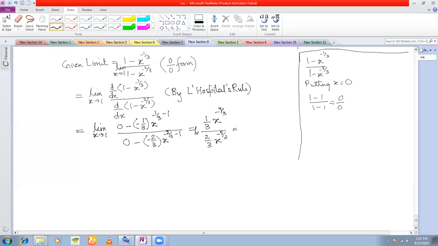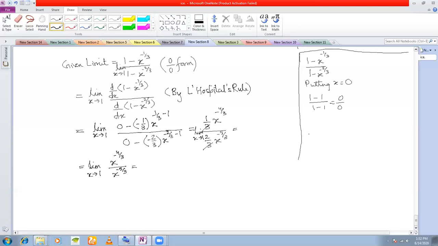Limit x tends to 1. Ultimately this 3 and this 3 will cancel. So you'll get limit x tends to 1 of x to the power of minus 4 by 3 divided by x to the power of minus 5 by 3.